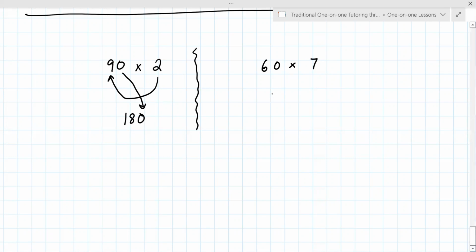142. And then you bring the 0 down. 420. Yes. So have you try another one.